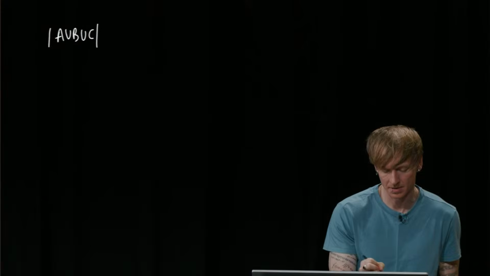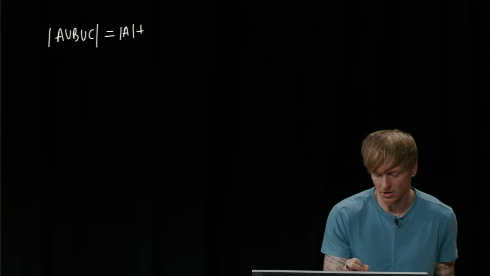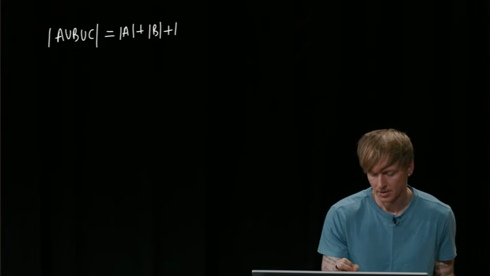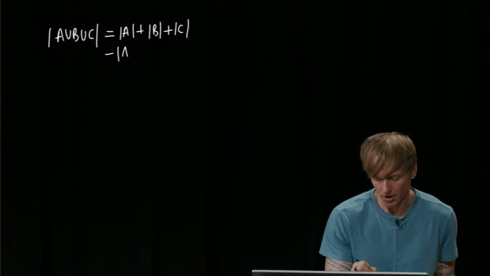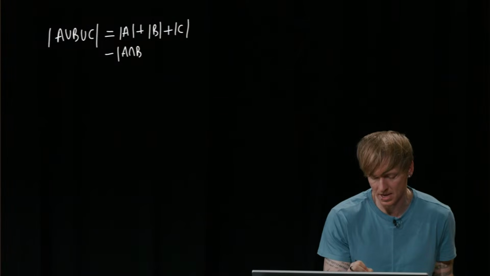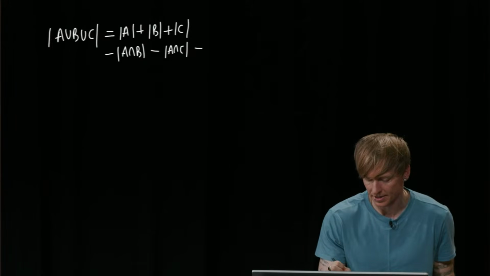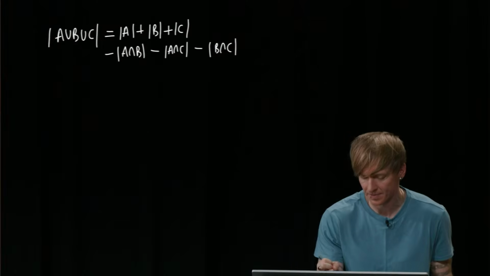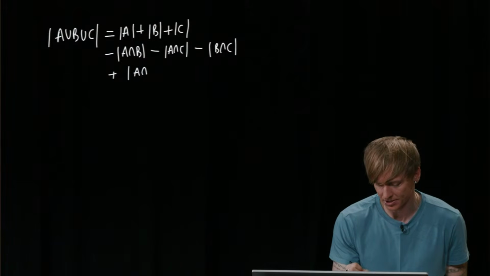So what we know is that the size of all 3 together, so A union B union C, the size of that, we do the size of A, we then add on, so these are the includes, B and C. We then do the excludes, so we take away all of the doubles, so that's going to be A and B. We're going to take away the size of A and C, and we're going to take away the size of B and C. And then finally, we have to include again that final triple intersection.